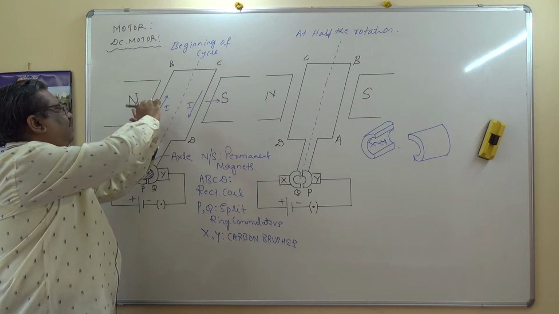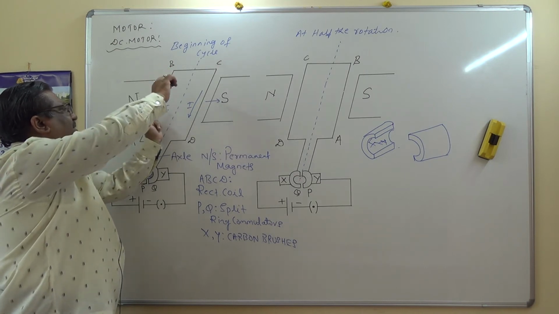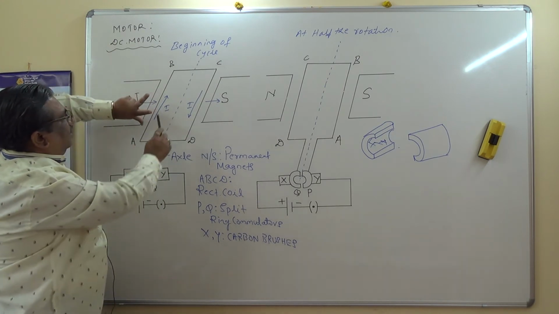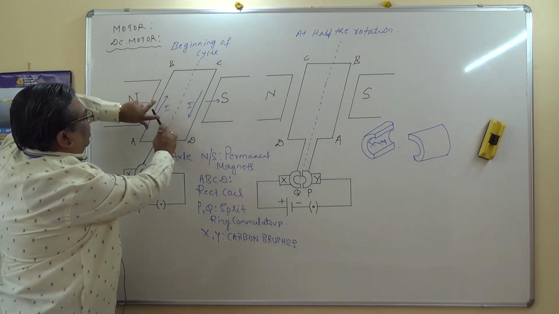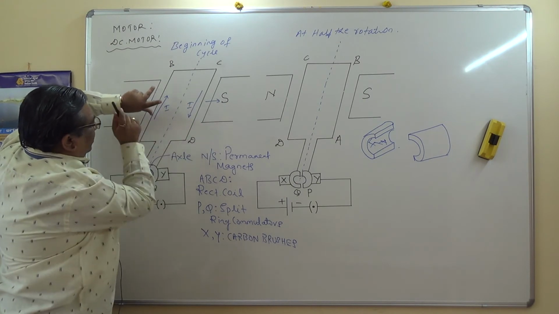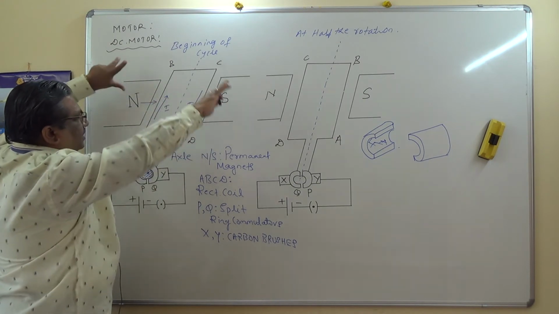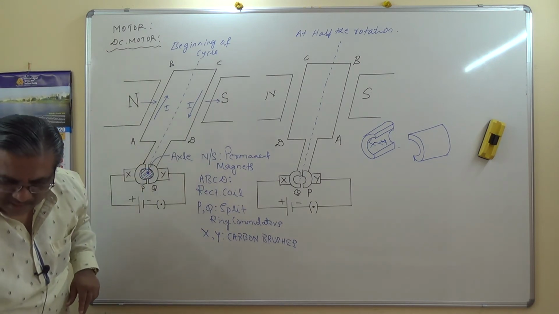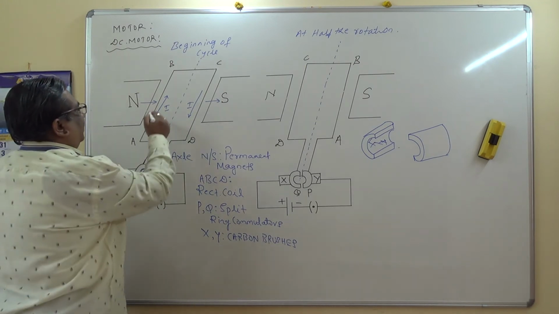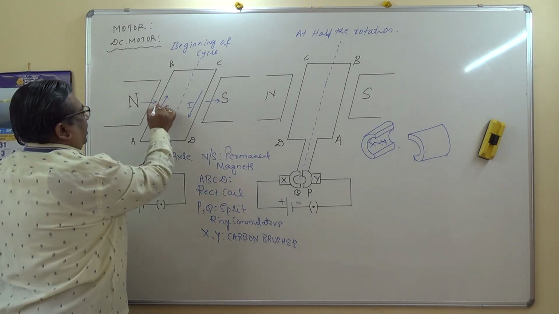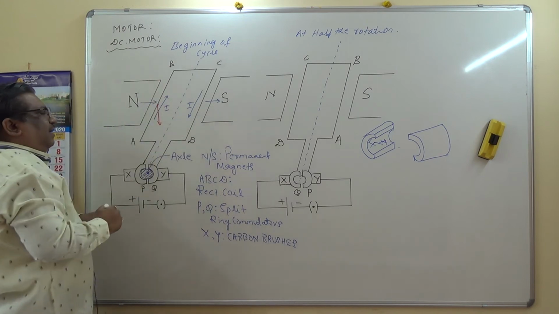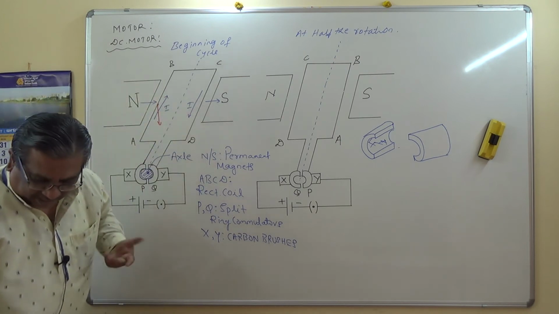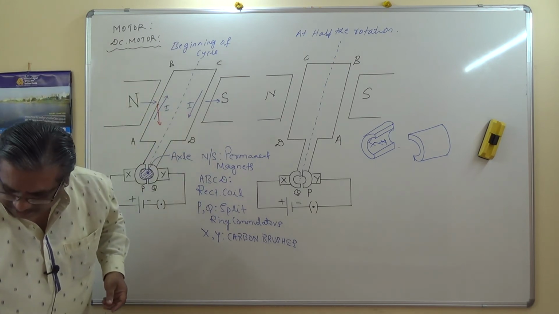Field, current, and the thumb gives you inward into the board, or, this being three-dimensional, I'll say downwards. Therefore the force experienced by this conductor is into the board or downwards, something like this. Now let us apply Fleming's left hand rule for this arm, at the same time we'll apply here.